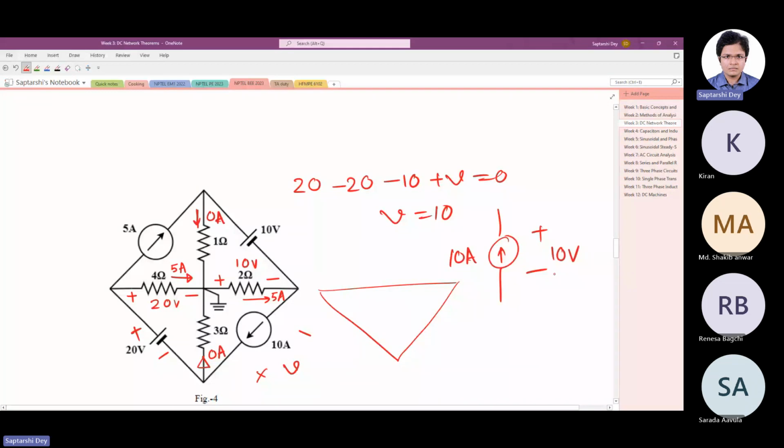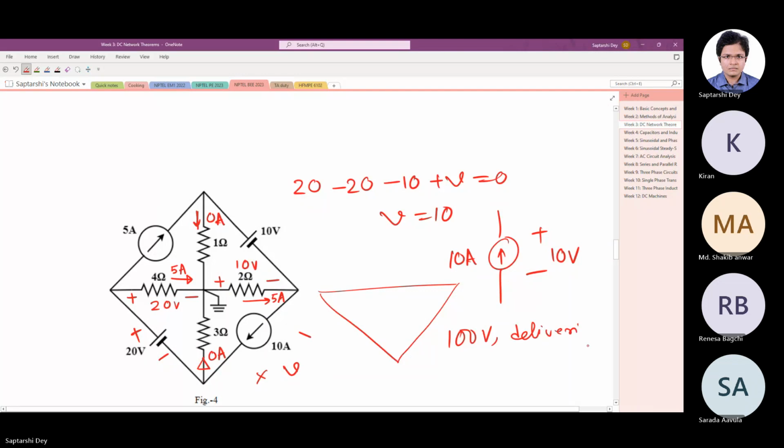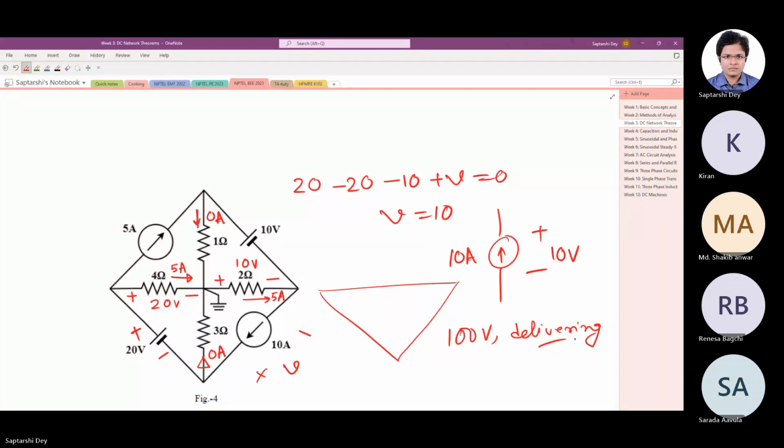So it is 100 watt delivering. Is it clear? Okay.